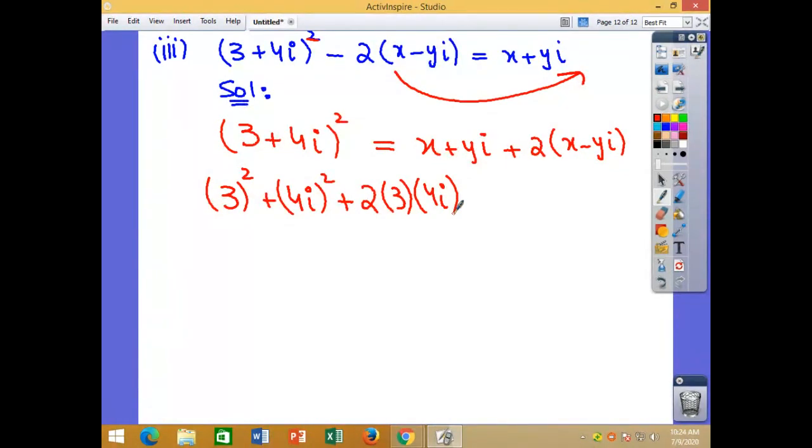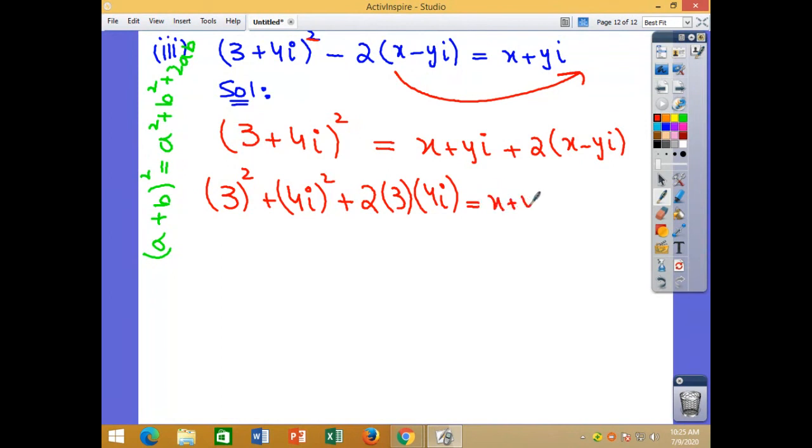The formula is (a + b)² = a² + b² + 2ab. Okay, clear? Clear. After this we simplify the right hand side.